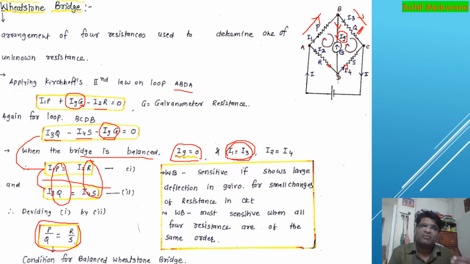When you change even a bit of the resistance, the current increases abruptly and it shows large deflection. Okay, and the next is, when will it be most sensitive then? In what scenario must the Wheatstone Bridge be very sensitive? It is very sensitive when all these resistances P, Q, R, S are almost of the same magnitude.